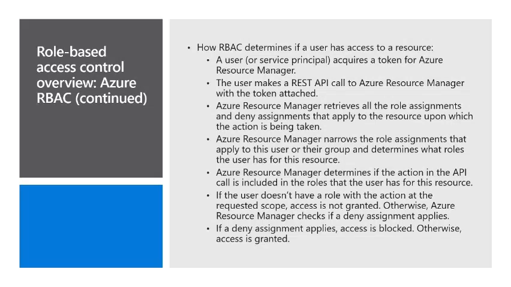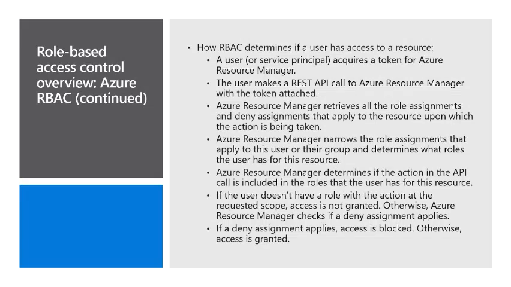Azure Resource Manager retrieves the role assignments and deny assignments that apply to the resource upon which the action is being taken. As I just added, in this case that resource will be the virtual machine I just created. Azure Resource Manager narrows the role assignments that apply to this user or their group and determines what roles the user has for this resource.